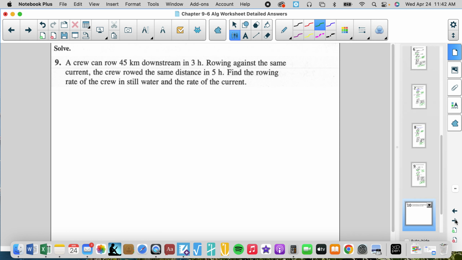Yeah, that's good. A crew can row 45 kilometers downstream in 3 hours. Rowing against the same current, the crew rowed the same distance in 5 hours.